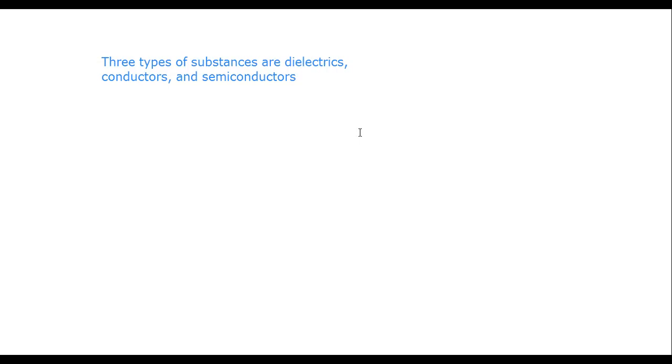For example, you know that some metals or solutions of electrolytes or ionized gas are examples of conductors. And semiconductors, the third type, are in the middle between dielectrics and conductors.